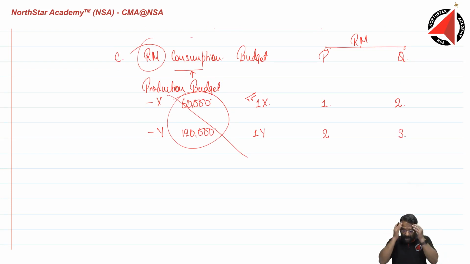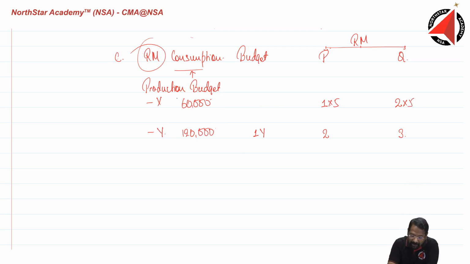100% clear? Now, if I want to make 2 units of X, I will need 1 into 2 and 2 into 2. If I want 5 units of X, then I will do 1 into 5 and 2 into 5. Simple mathematics. Similarly, if I want 60,000 units of X, then I should do 1 into 60,000 and 2 into 60,000.